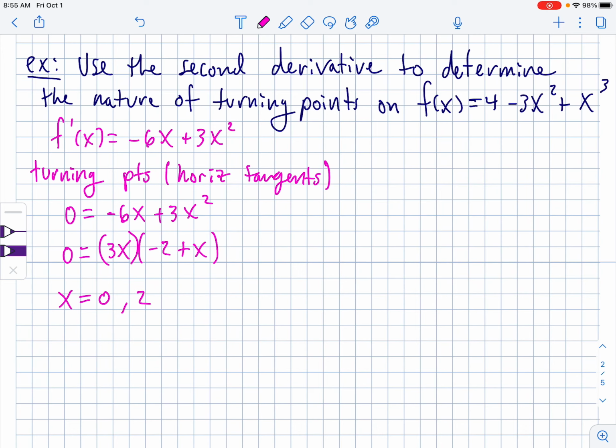You get x is equal to 0 and positive 2. So those are the horizontal tangents, the turning points, but we don't know if those are x values of the tops of mountains or the bottoms of valleys. So we're going to plug into the second derivative to figure out if they're local minimums or local maximums.